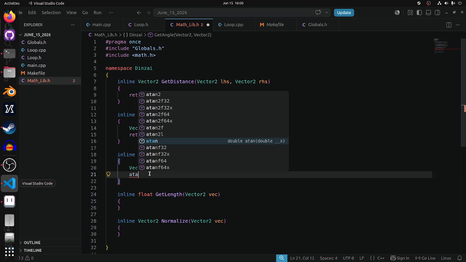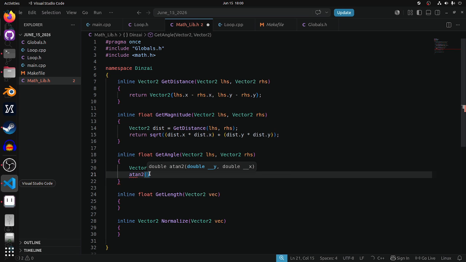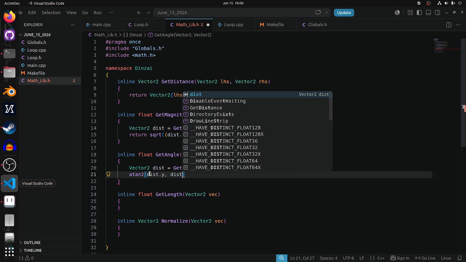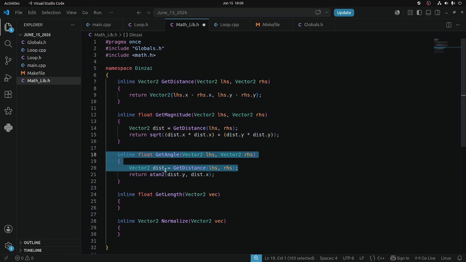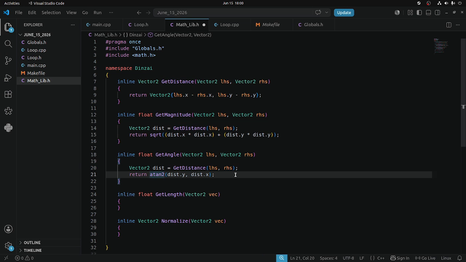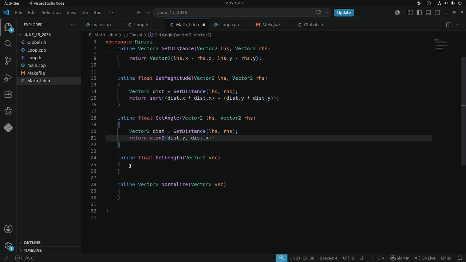There's the arctangent and there's the arctangent 2. We're going to use the atan2 function here, and I'm going to pass in the dis.y and the dis.x. So y goes first in this case, opposite over adjacent, and we're going to return this float. This gives us the angle between 2 points. So this could be the angle between the mouse and the player. This could be the angle between the player and a wall or any other entity.